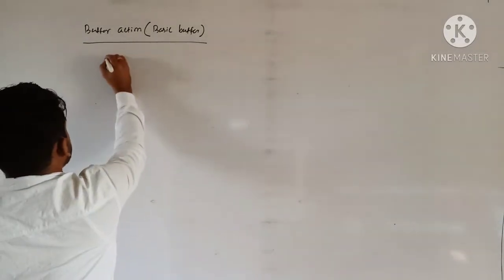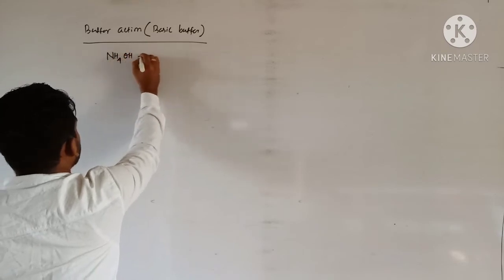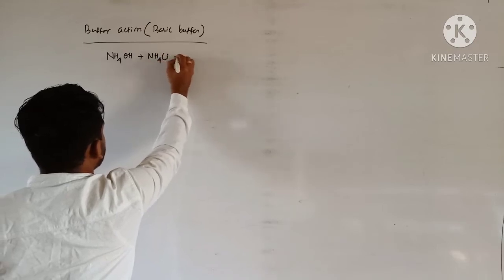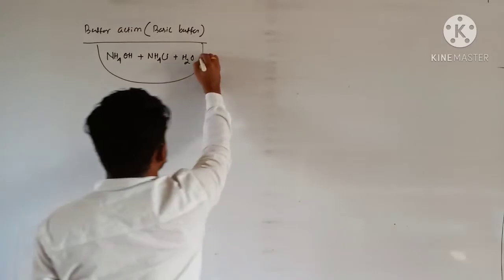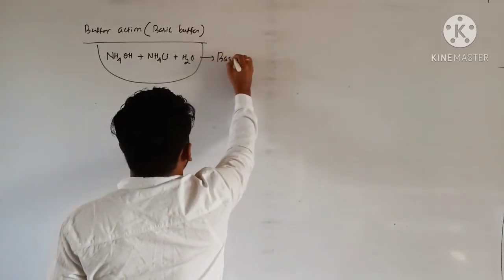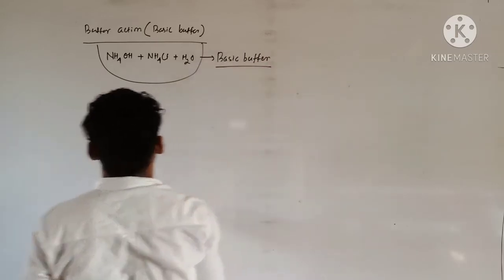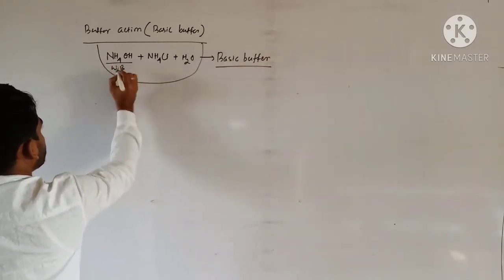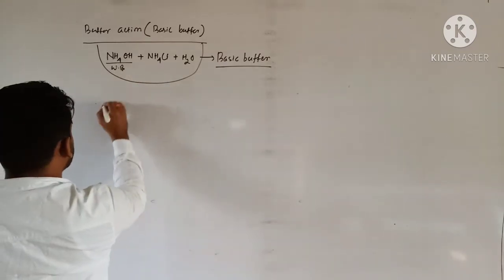So for example, the weak base NH4OH plus its salt with strong acid NH4Cl plus water. So this one is a basic buffer solution. How can you predict a basic buffer? Because the weak component is a base. This one is a weak base.